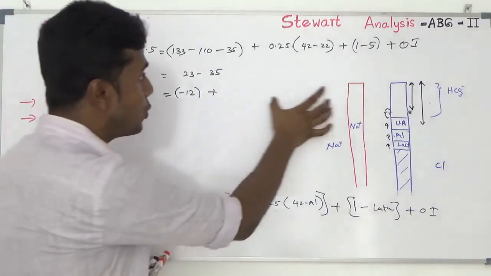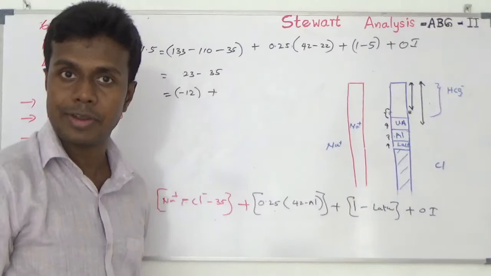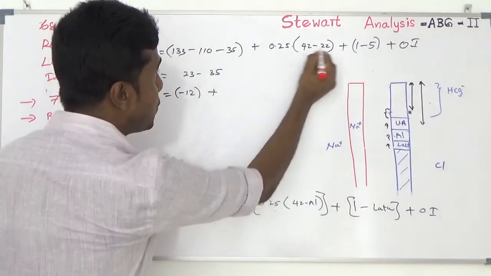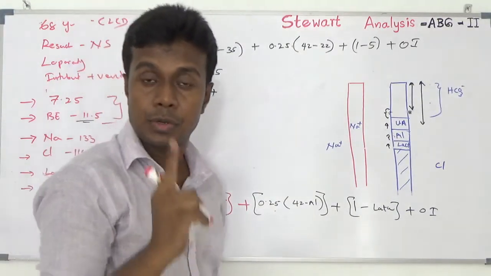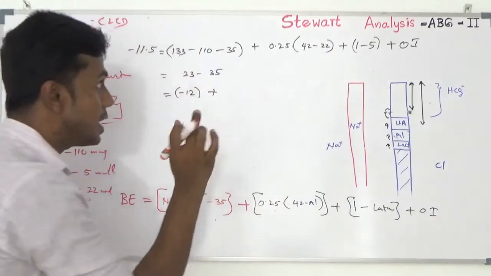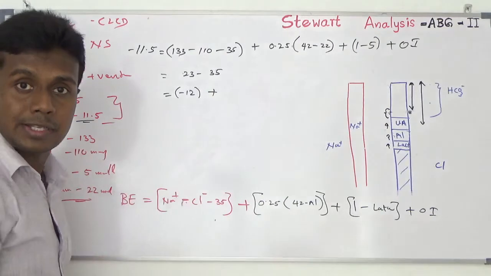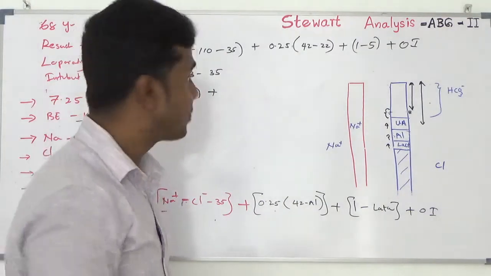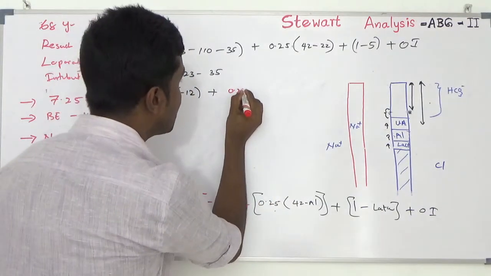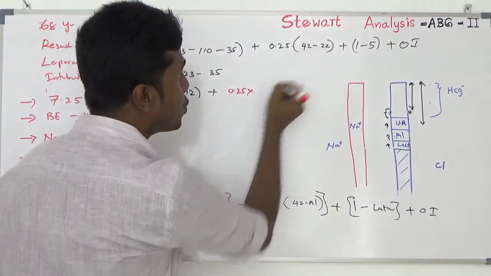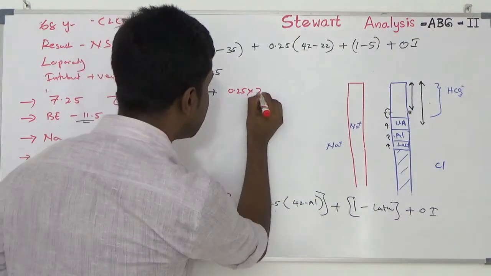We will see how other factors affect it. Because of the albumin activity, we will see how much base excess or base deficit effect is there. 0.25 into 42 minus 22, 20 is there.